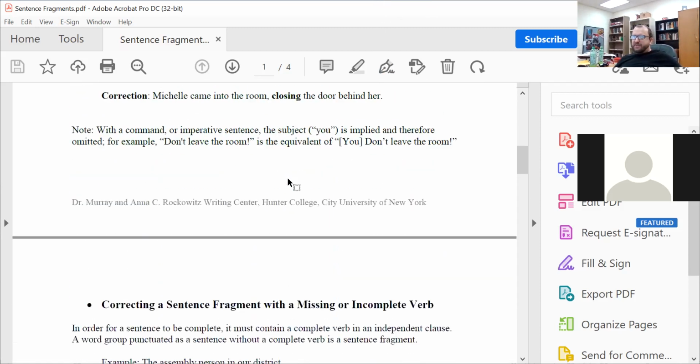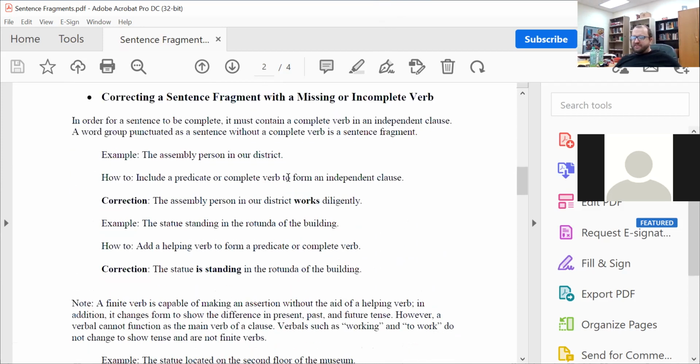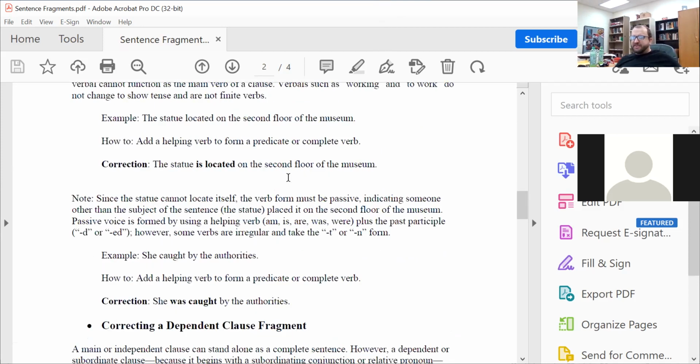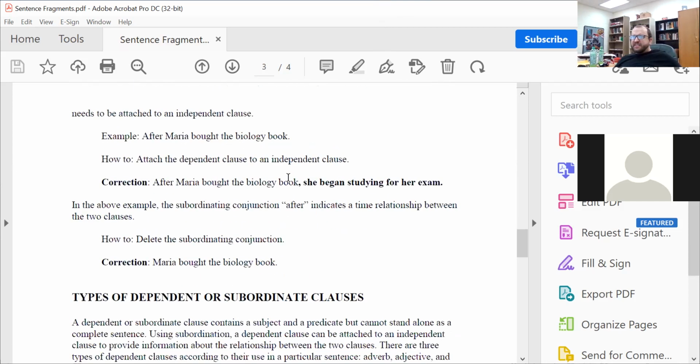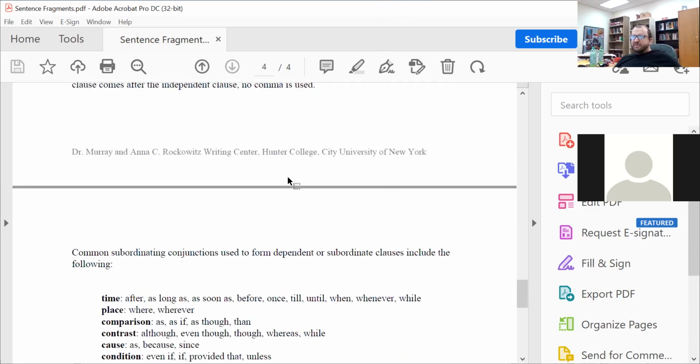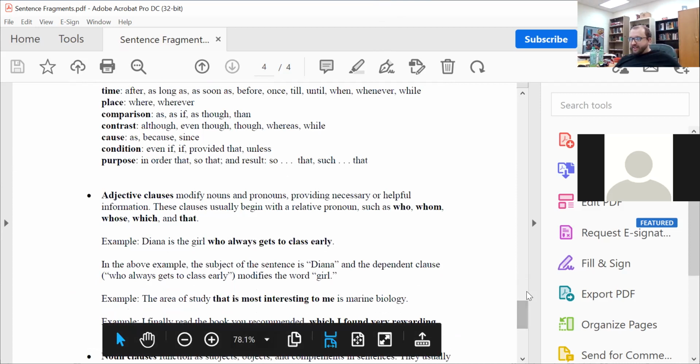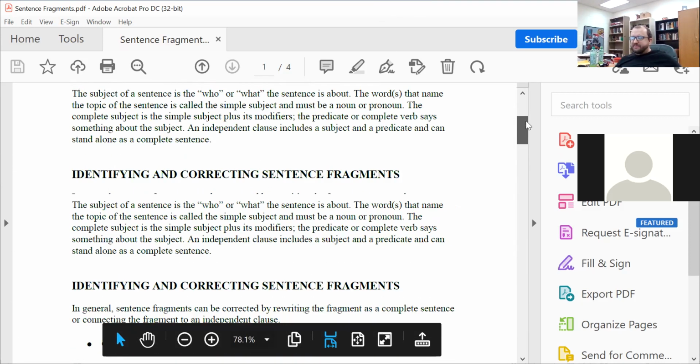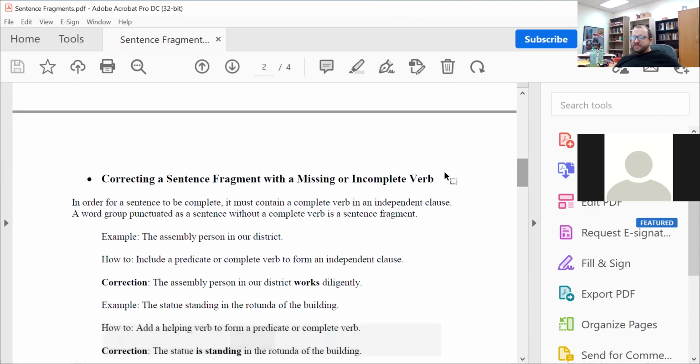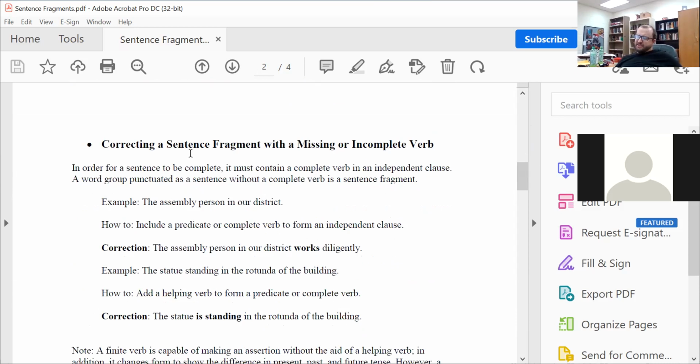Most of the time when I notice them, I think there's actually something on this handout about that. Most of the time when I notice them, they start with an ing word, okay? So this part here is about completing a sentence fragment that doesn't have a verb. So the assembly person in our district, period.